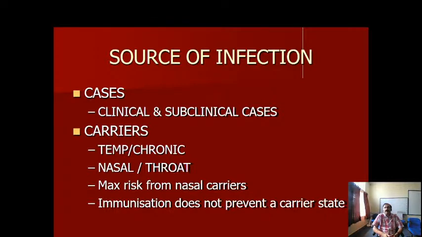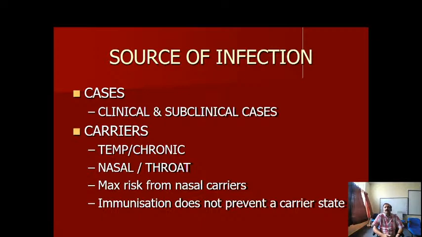Source of infection. All people, but especially children, were the ones who used to suffer. The source of infection was cases, clinical and subclinical. Carriers were either temporary or chronic, and we had nasal carriers and throat carriers, which would transmit the disease to other people.